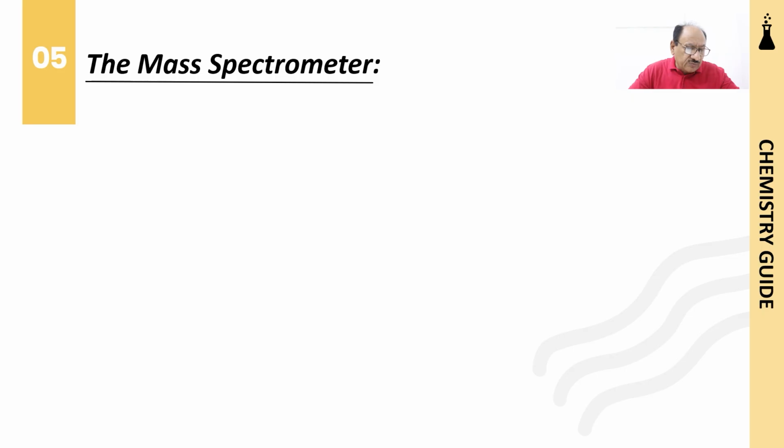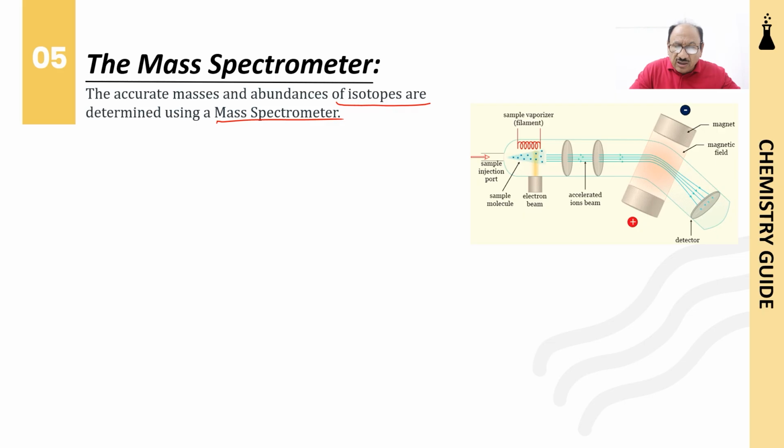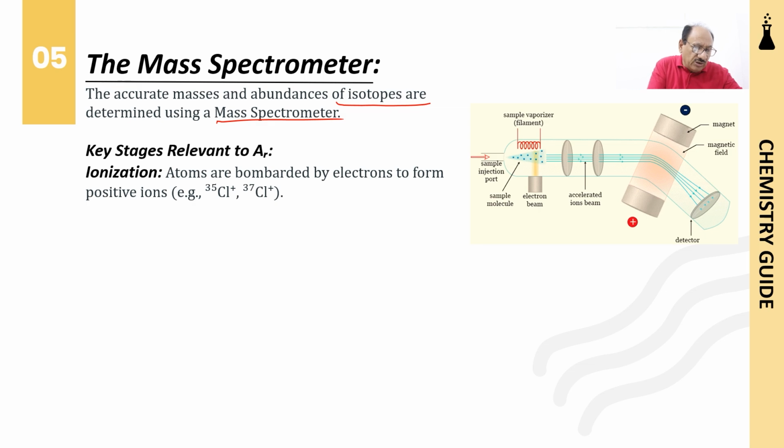Now, the mass spectrometer. The accurate masses and abundances of isotopes are determined using the mass spectrometer, and it looks like this. It's a general, simplified diagram. First, the key stages relevant to relative atomic mass. Ionization happens at this level: there is a sample, a vaporizer filament, and the sample is injected from this portion.